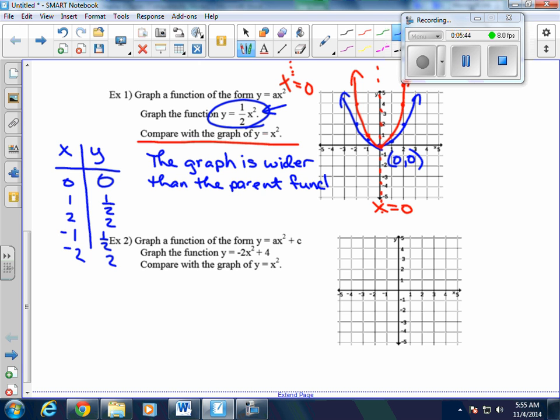So we're going to say that the graph is wider than the parent function and has the same axis of symmetry and vertex.